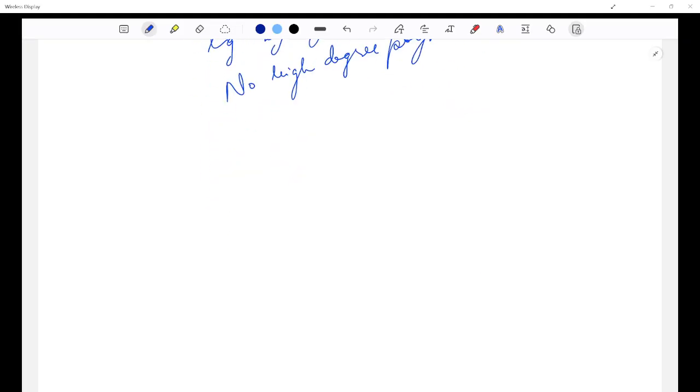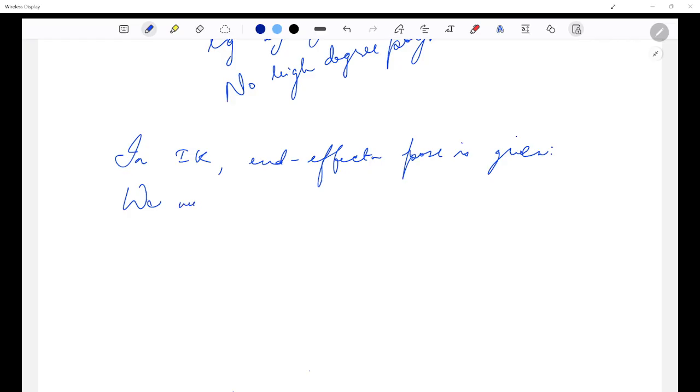Why? Because in inverse kinematics, the end effector pose is given. So we must find both actuated variables and passive variables.